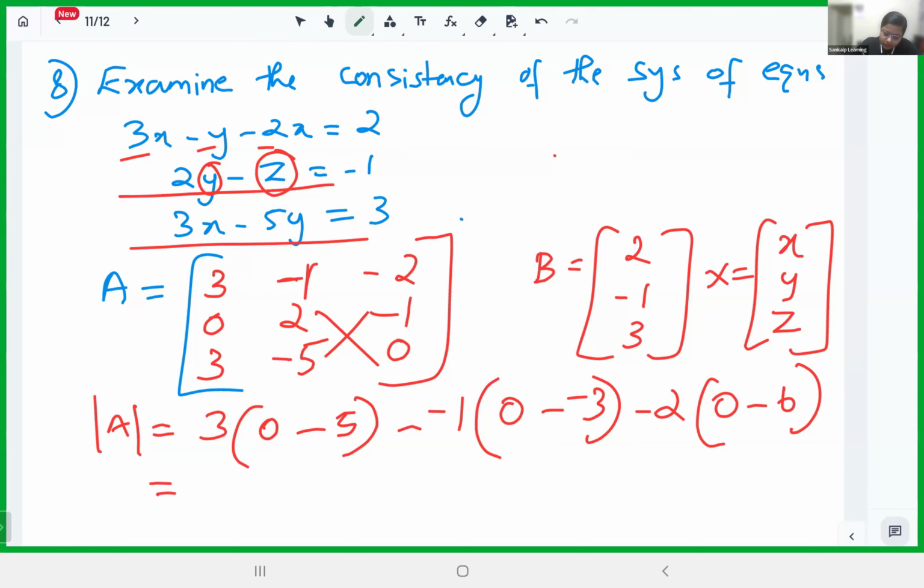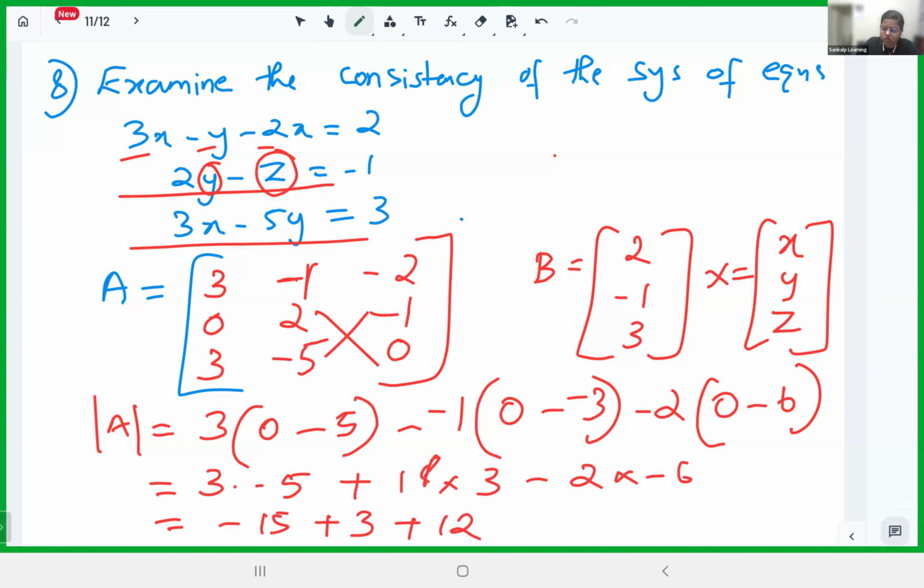So that is equal to 3 into minus 5, plus 1 into plus 3, minus 2 into minus 6. So the answer is minus 15 plus 3, then this will become plus 12.